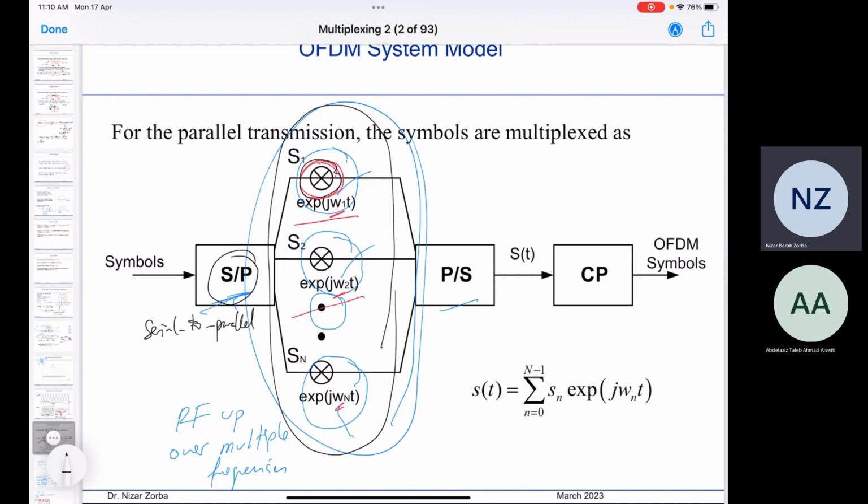The sequence comes like this: S1, S2, S3, S4. They will be transferred to be together, so from a serial sequence into a parallel sequence.